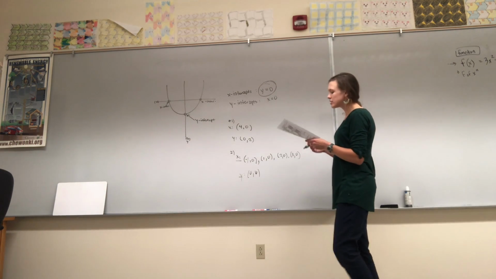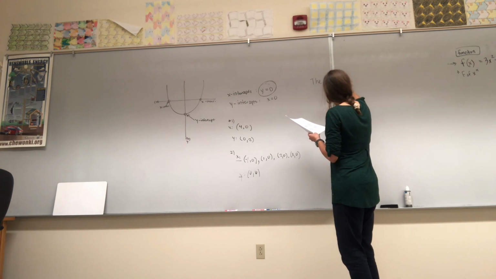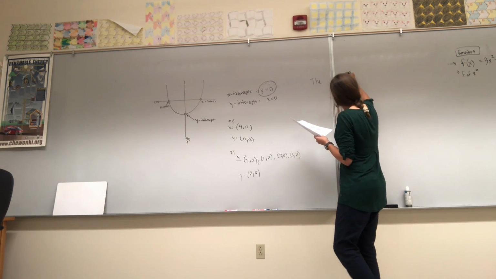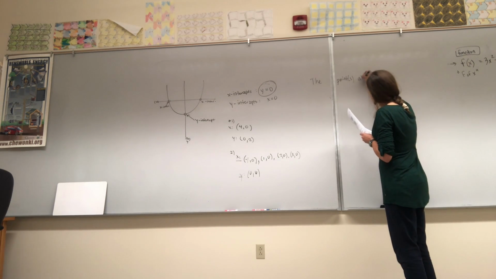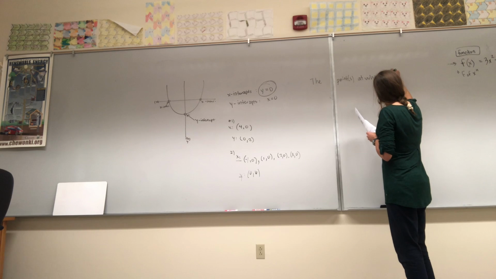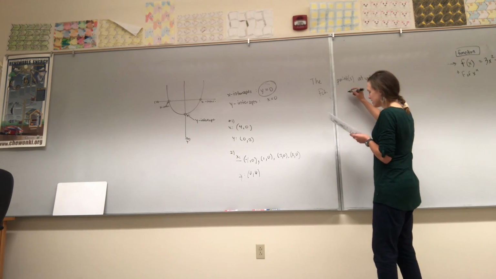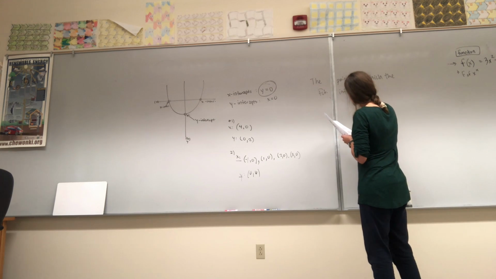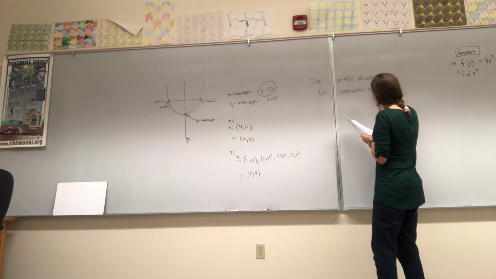So the definition for zeros is the point, sometimes points, at which the function, I write function as FCT, intersects the x-axis. This is for zeros.